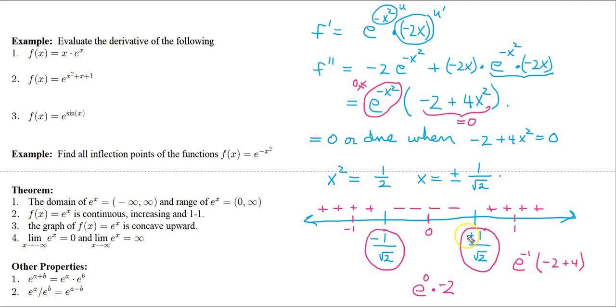They're both inflection points because we have a change in concavity going across them. So we can say that therefore those two x values are where the function f of x equals e to the -x squared has an inflection point.